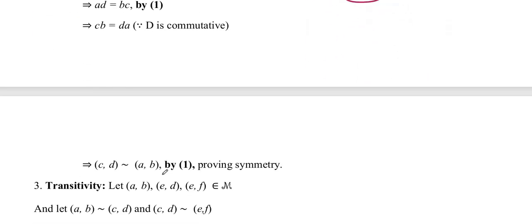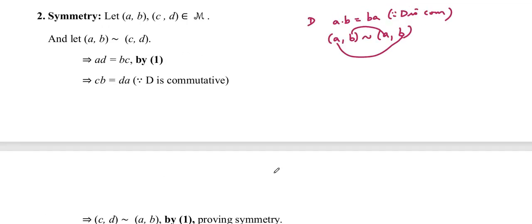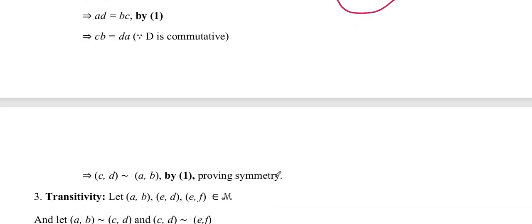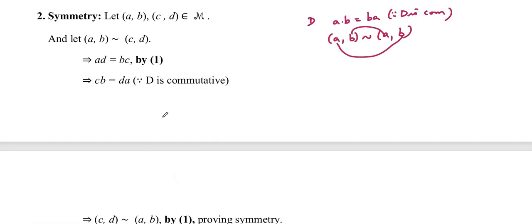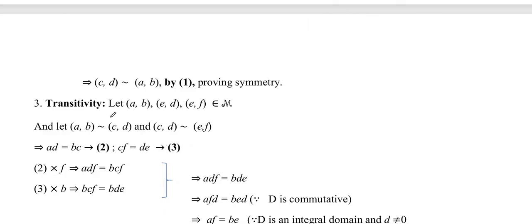This can be interpreted again by 1 as (c, d) related to (a, b), so that you'll have cb equal to da. So your element (c, d) is related to (a, b), and that proves symmetry. Whenever a is related to b, b should be related to a.